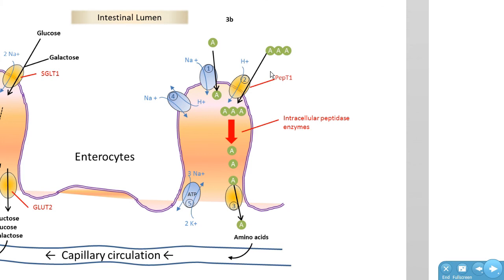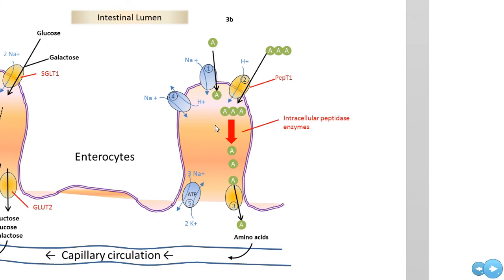Amino acids are organized on much the same principle. There are separate transporter molecules that are designed to take up either single amino acids or maybe up to chains of 3 or 4 amino acids.